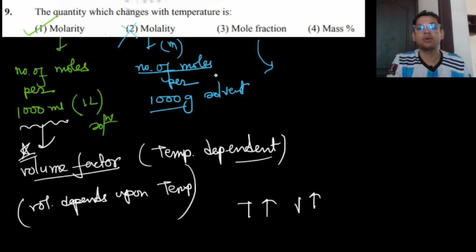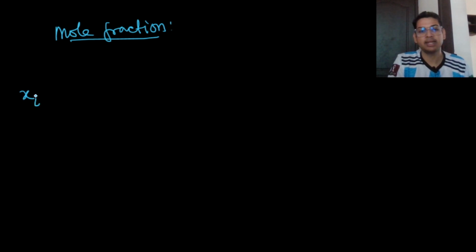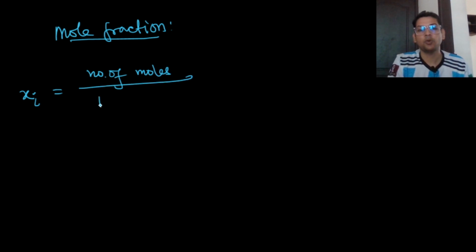Sir, mole fraction. What is mole fraction? Okay, let's go to the next slide. We can denote it X or chi. Mole fraction is the number of moles of that particle divided by the total number of moles.